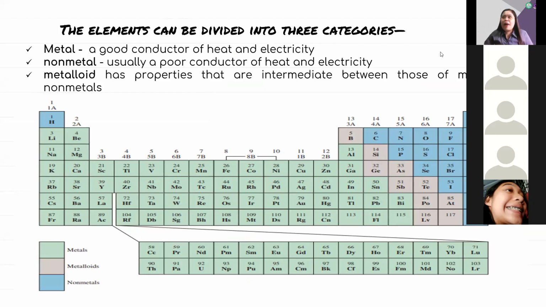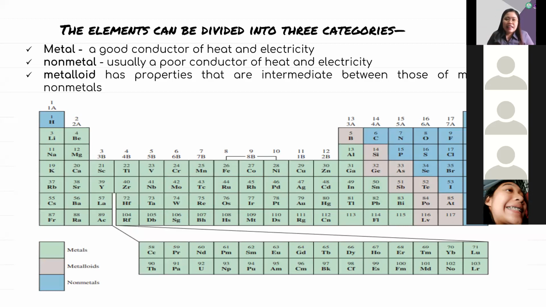Now, aside from classifying our elements using the periods and the groups, we also classify our elements as to whether they are metal, non-metal, or metalloid. So especially in the naming, sa naming, kailangan natin malaman whether the component elements are metal or the non-metal. Kaya iba-iba yung naming nila.